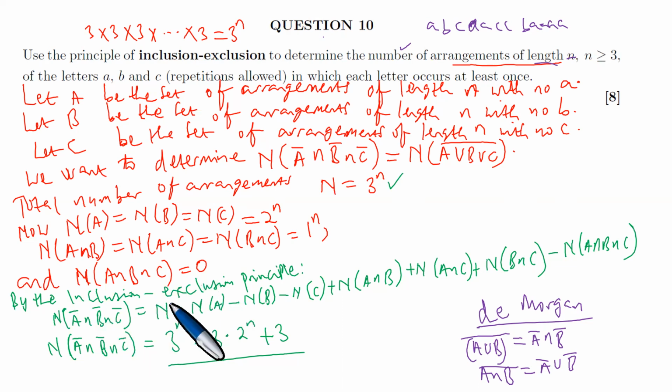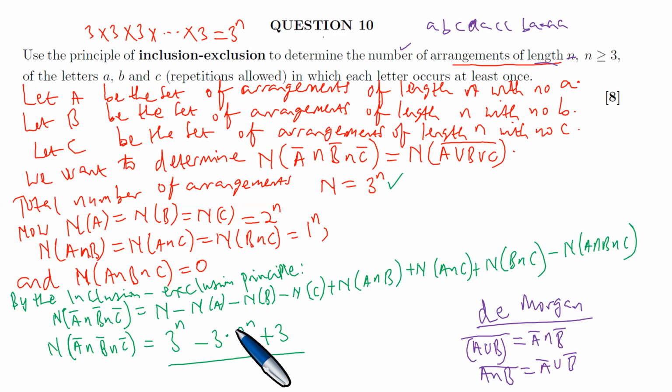By the inclusion-exclusion principle, the number of elements in the union is given by the formula for 3 sets. Normally we deal with 3 sets, but we can also deal with 2 sets, which are easier.